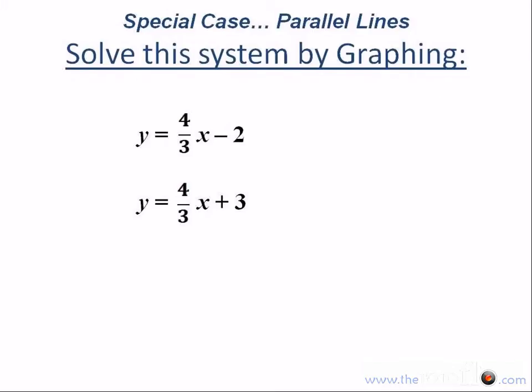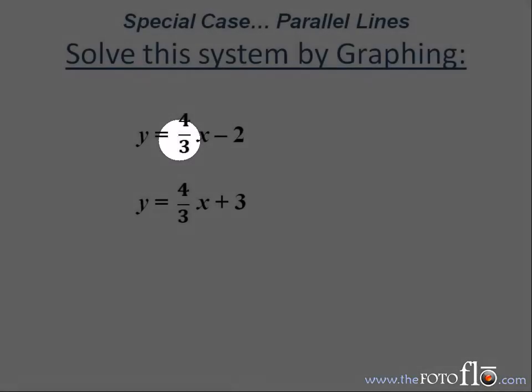When a system of linear equations is solvable, there will only be one point that is shared by both lines. However, not all systems of equations are solvable. Let's take a look at a special case. As you can see, these lines have the same slope, 4/3.